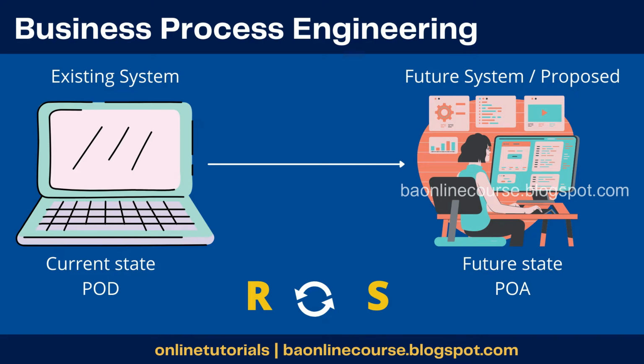So there are some set of activities that you would do, right? So they'll figure out all those activities and then see if they can modify them to work more efficiently, and then arrive at the to be state. So this overall process is one type of project, right? An existing system is there and you want to replace it with a future or a new system.